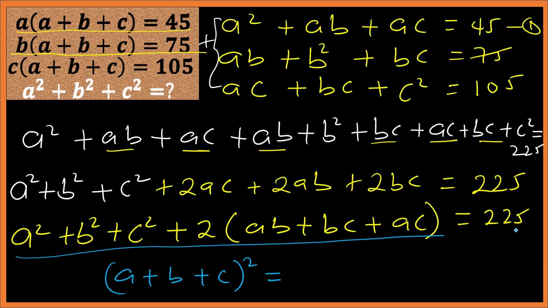Since 15 squared is 225, it means a plus b plus c is equal to 15. So a plus b plus c is equal to 15. So let's note this one down.